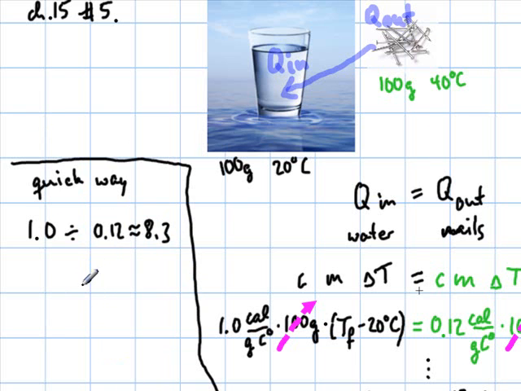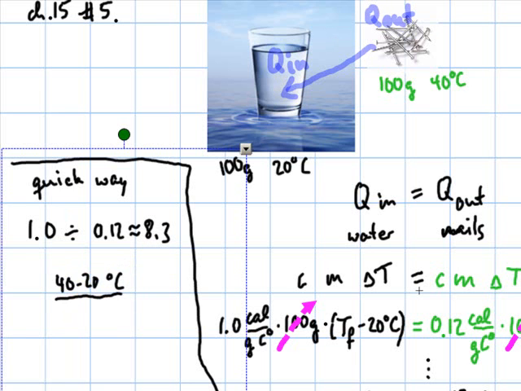And now take the temperature difference, so between the two, that is, so 40 minus 20 degrees Celsius, and that should be written as actually Celsius degrees because it's a temperature difference.